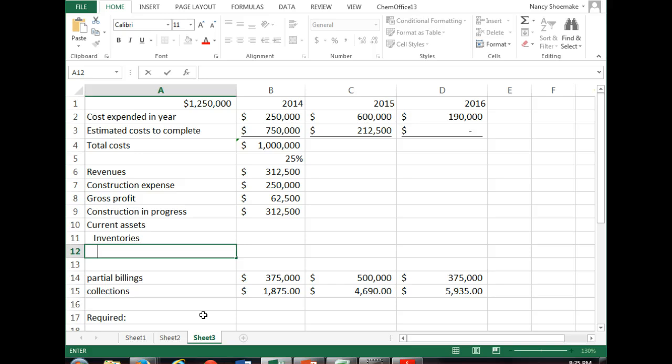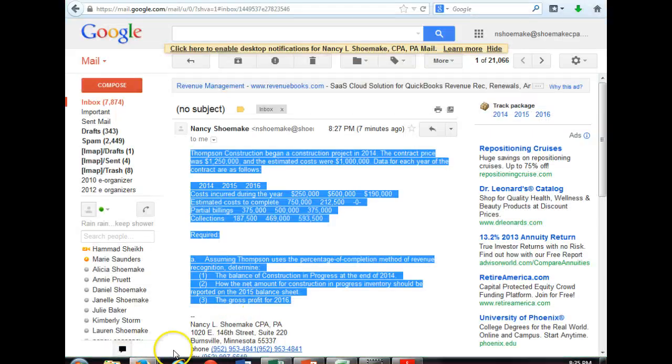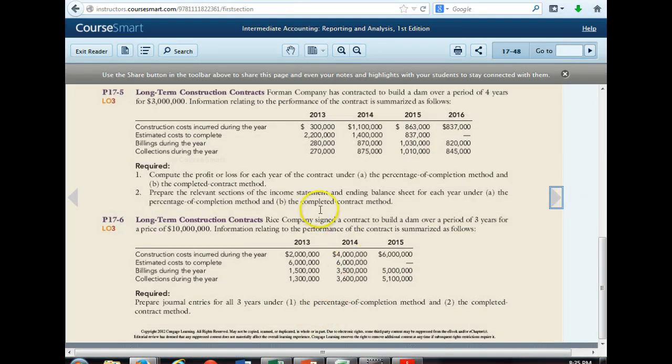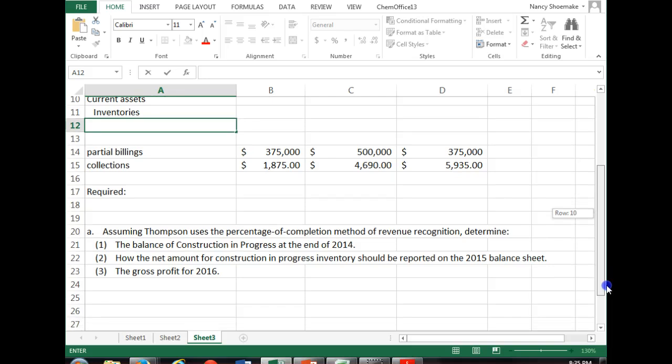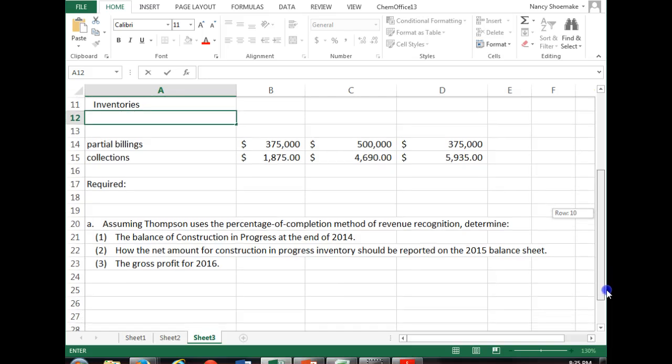What year do we need to do this for? For each year it says. Sorry, I'm messing this up. The balance of construction at the end of 2014.